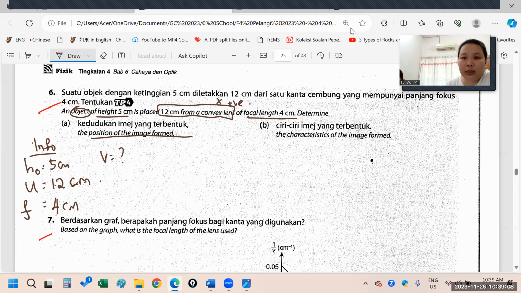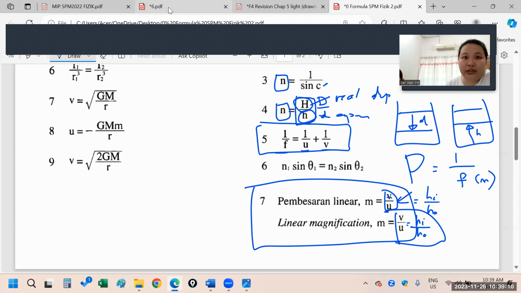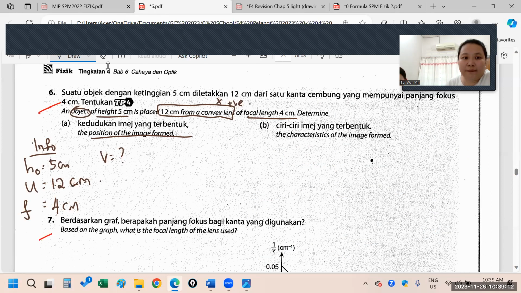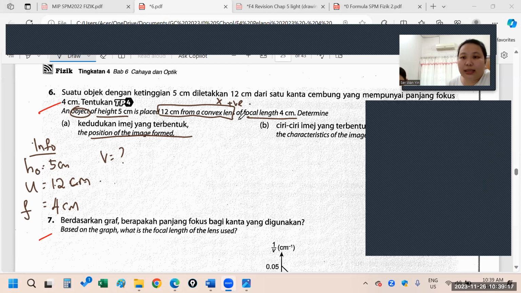I mean, number 5 or number 7? Yeah, number 7. Why? Because we don't have type of image. We don't have yet. So we use number 7. 1 over F equals 1 over U plus 1 over V.